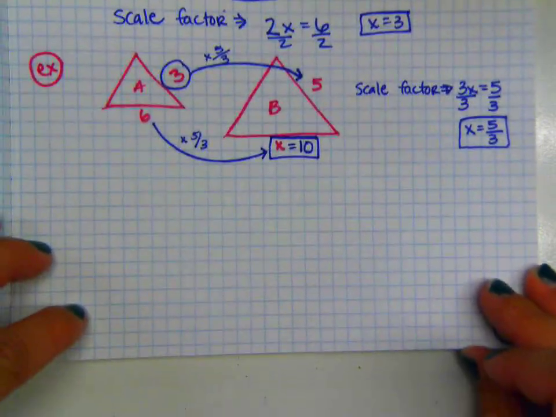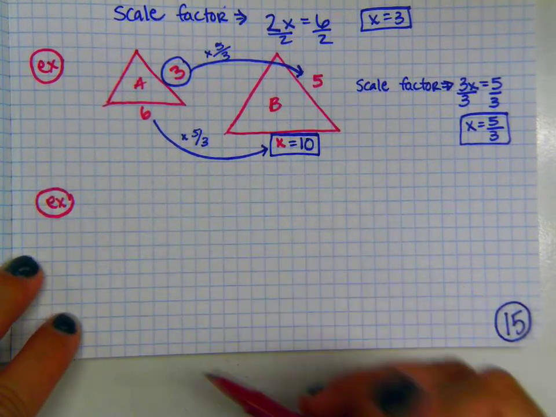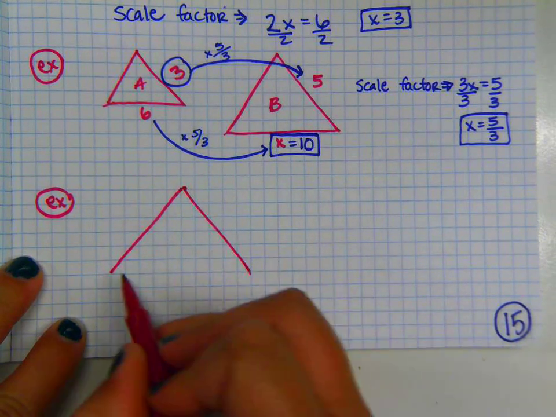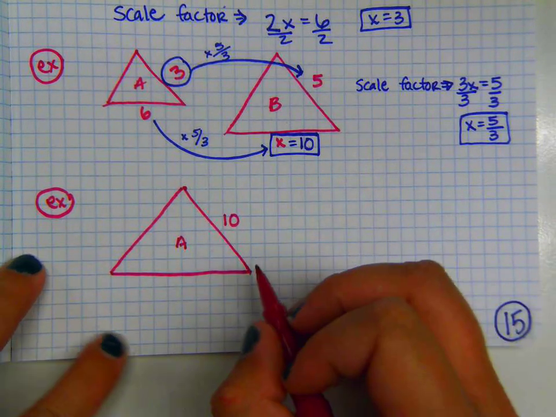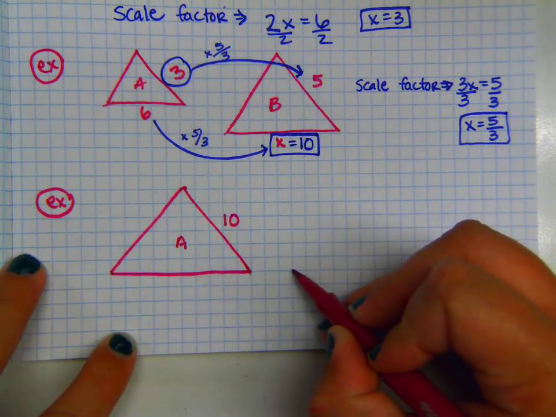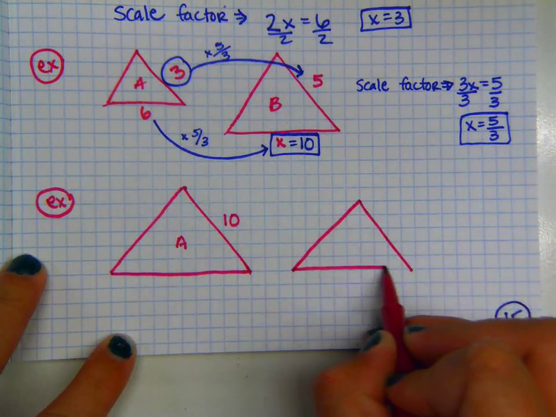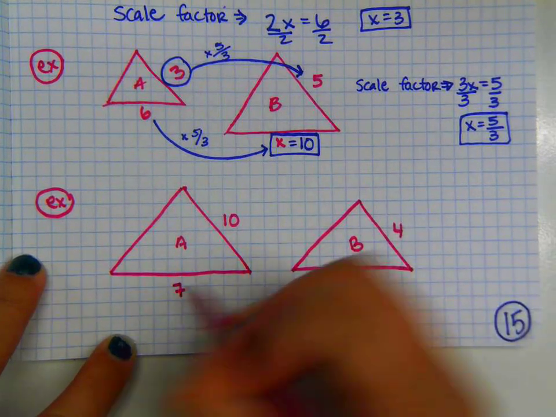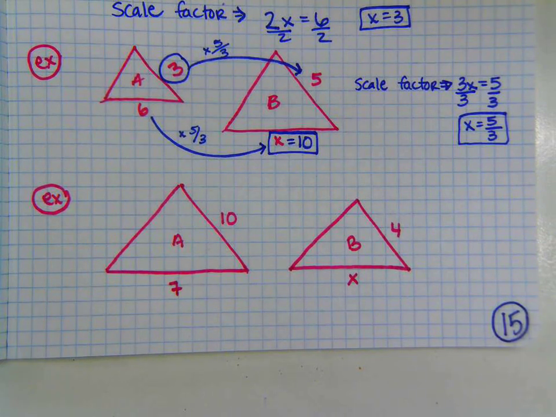Now I want you to try one. So you go ahead and do this one now. Okay, so start by finding that scale factor and then use that to find x.